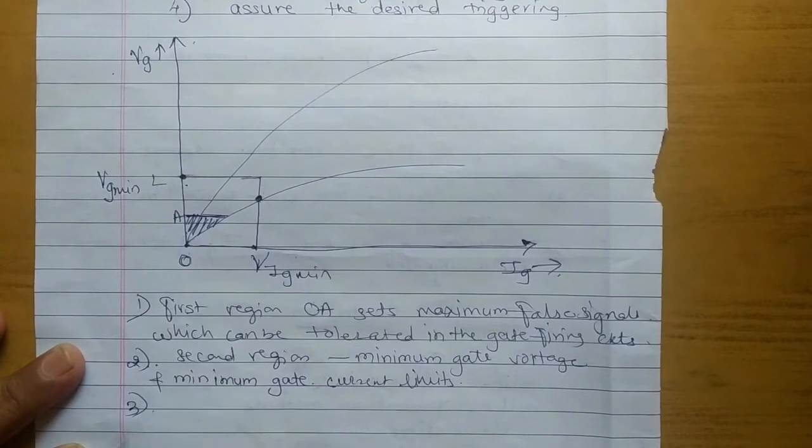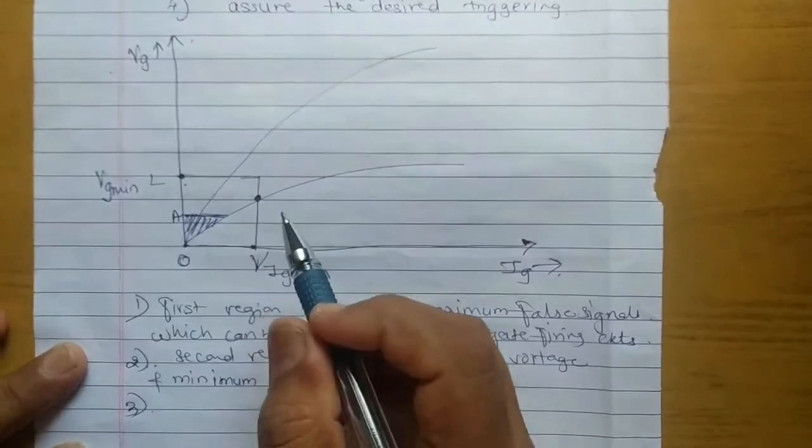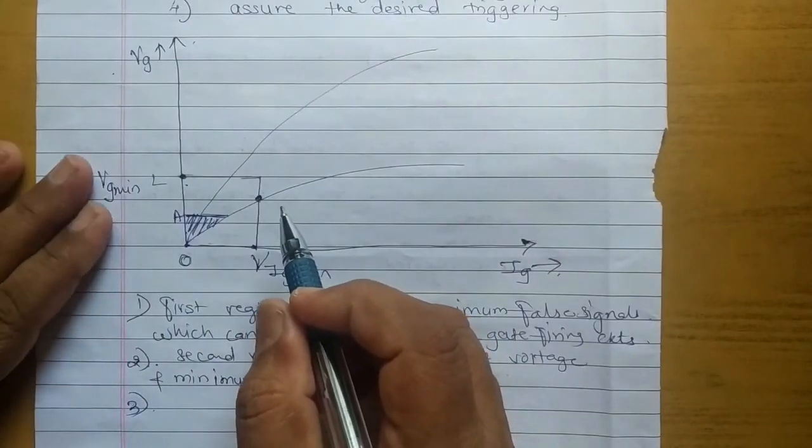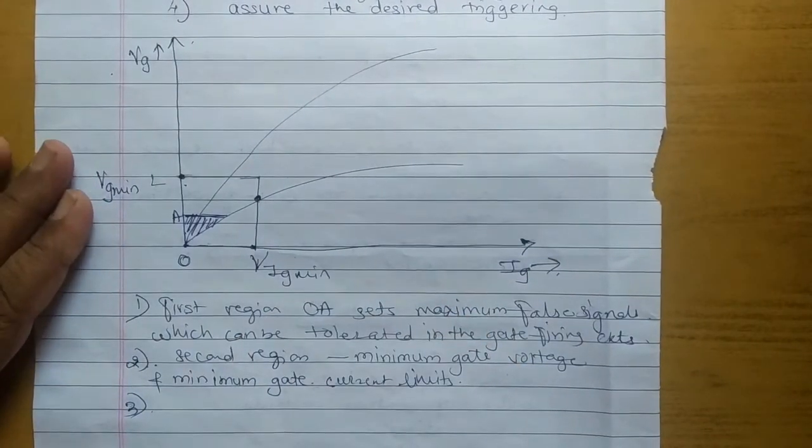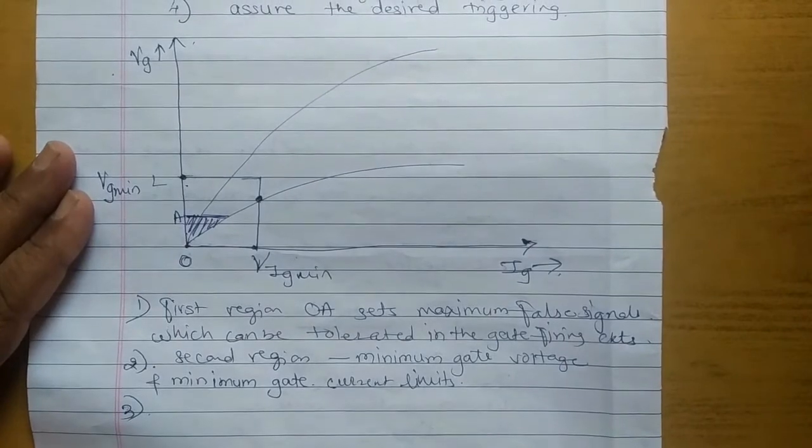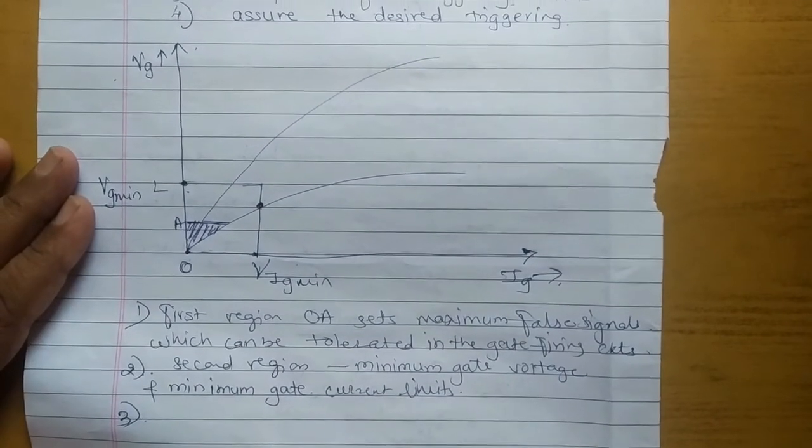Third region is the region which is lower left of this region. To get the operating consideration we are always drawing the load line.